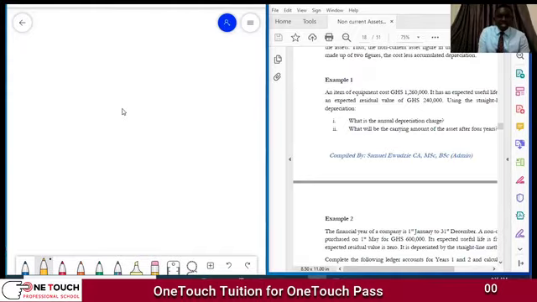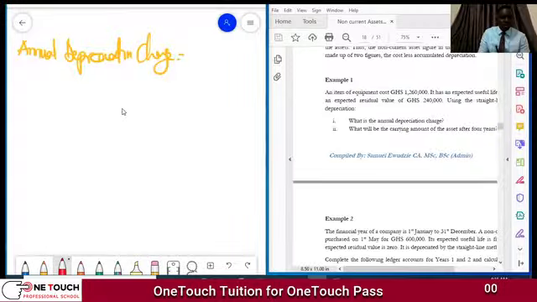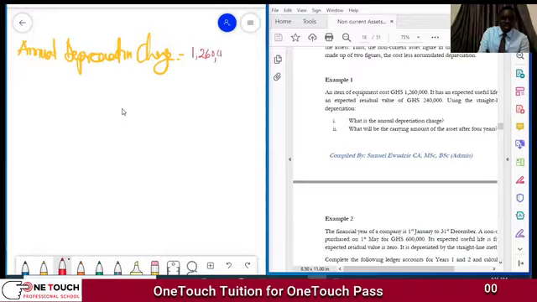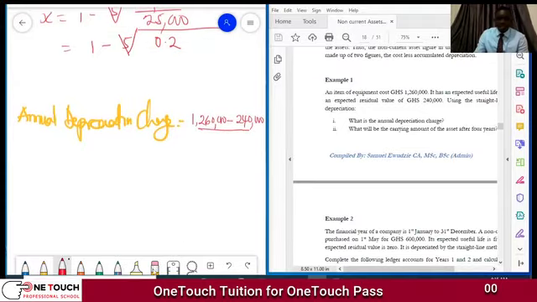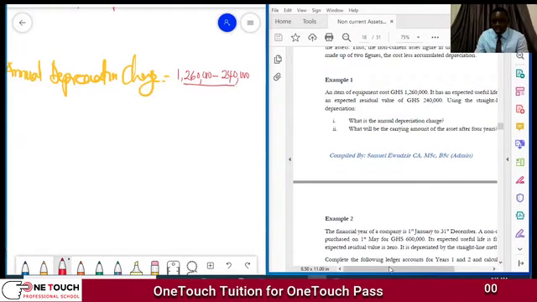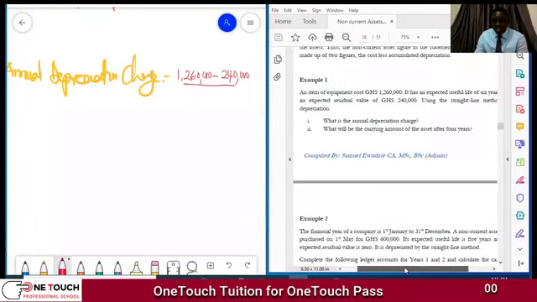So the annual depreciation charge: the cost of the asset is 1,260,000 minus the residual value of 240,000, all divided by the number of years, 6 years.